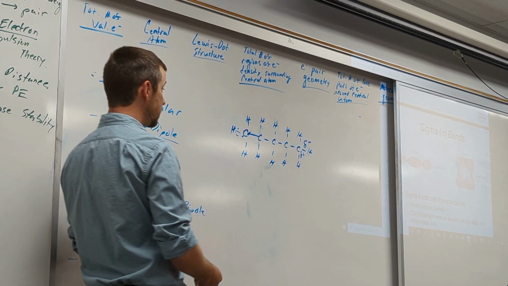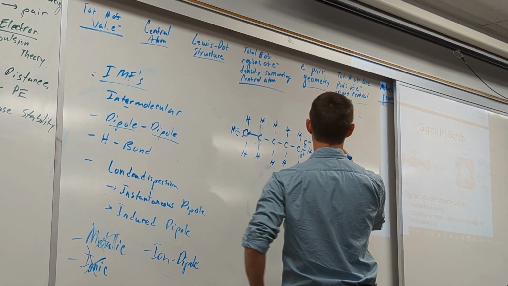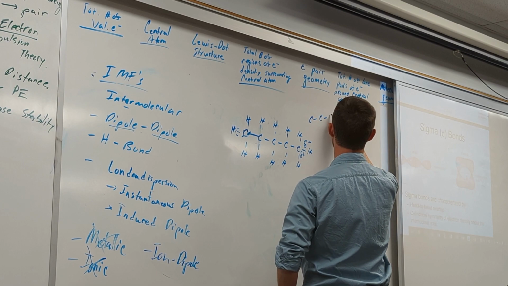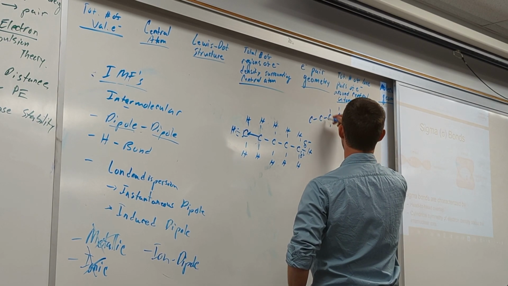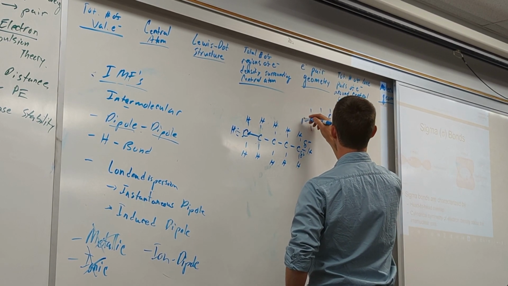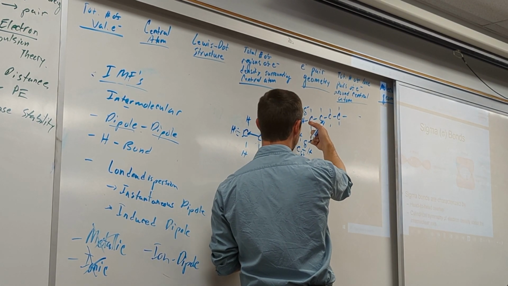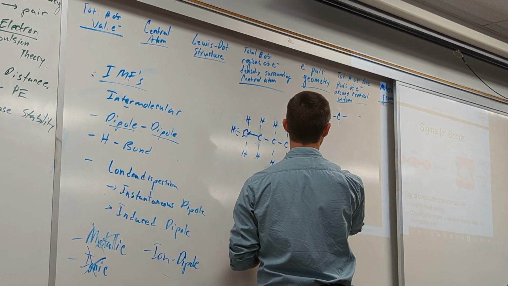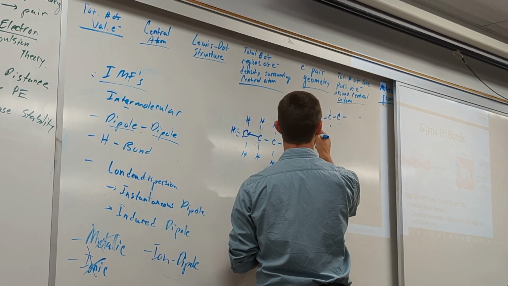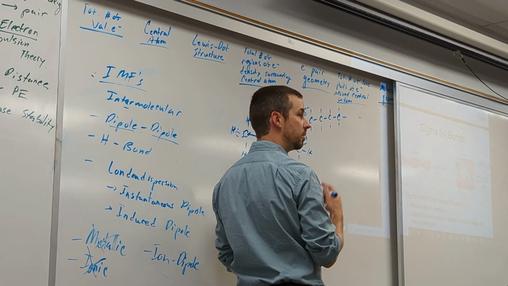Induced dipoles are very similar. Let's do a similar structure, not get too crazy here. You just put a few hydrogens. Assume those are all hydrogens. If at some given moment you have a net buildup of negative here, what's that going to do to the electron density at that region here? Think about that carefully.